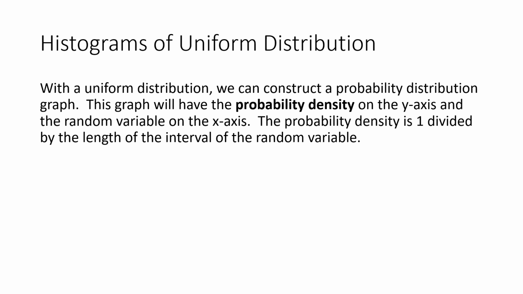Now the vertical axis, instead of being called probability, is the probability density. Okay? And the probability density is just 1 divided by the length of the whole interval of the random variable. That's because the area of the histogram should equal to 1, right? So if the interval is, say, 40 minutes, then the height is 1 over 40, so that 40 times 1 over 40 is equal to 1.